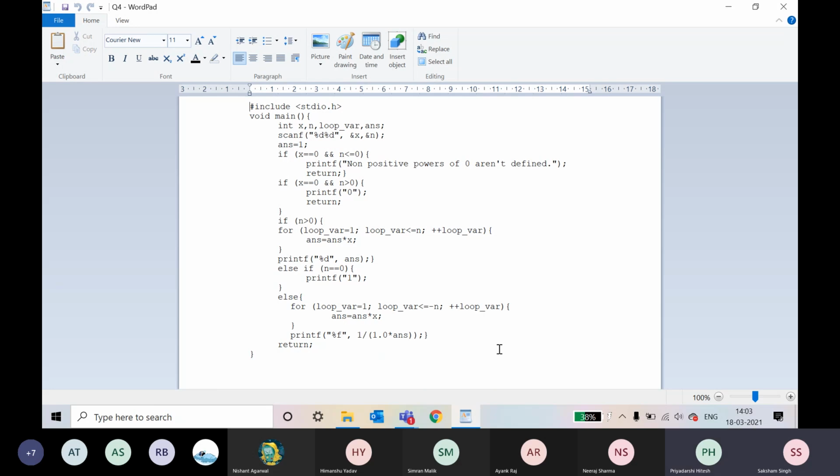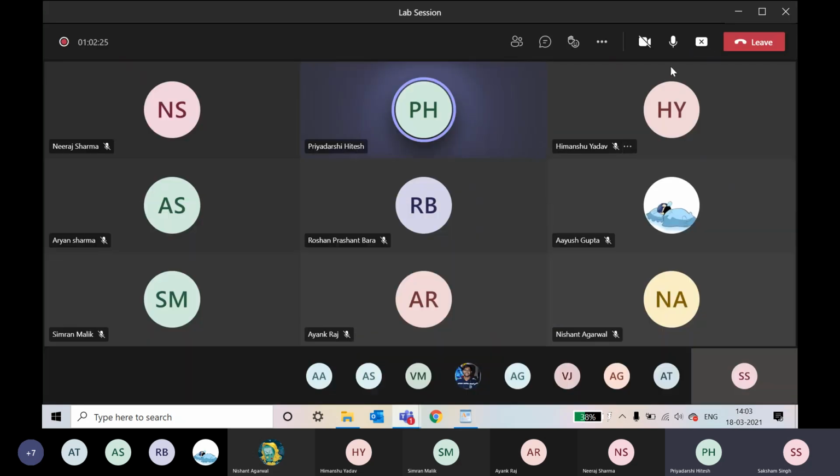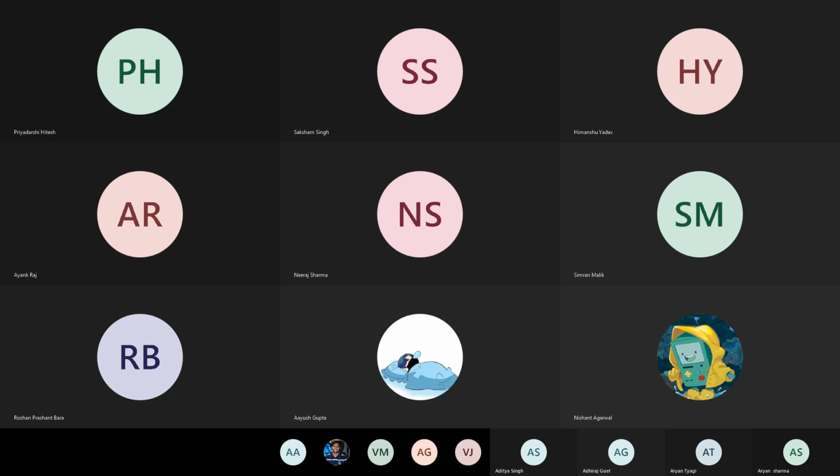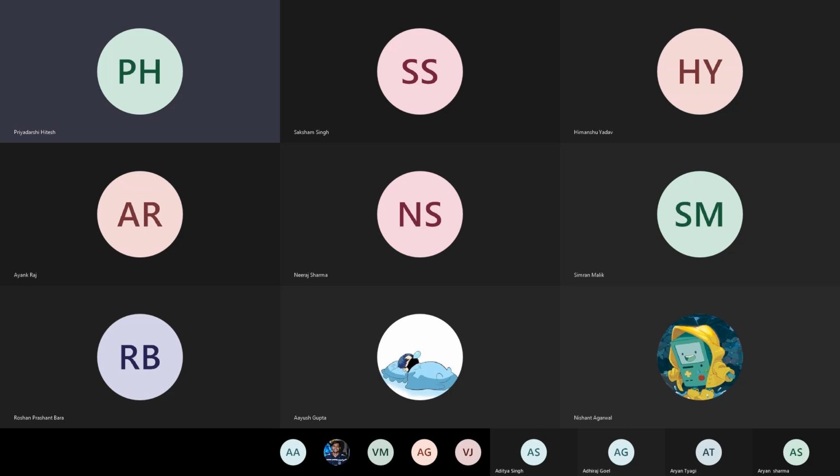You can unshare your screen. Okay, so anyone who is not able to do it?